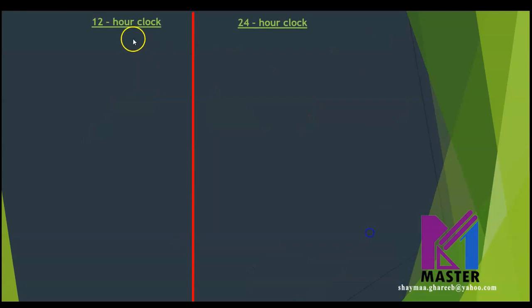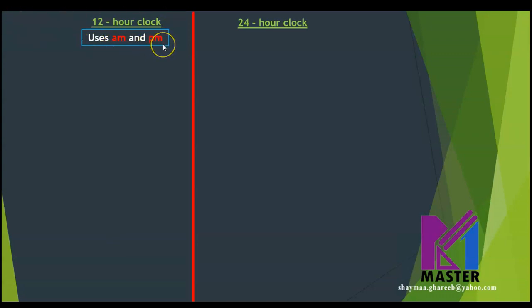We have here both systems, the 12-hour clock and the 24-hour clock. We know that there are 24 hours in one day. In the 12-hour clock, we use AM and PM. So the AM shows the first half of the day, or the first 12 hours of the day.